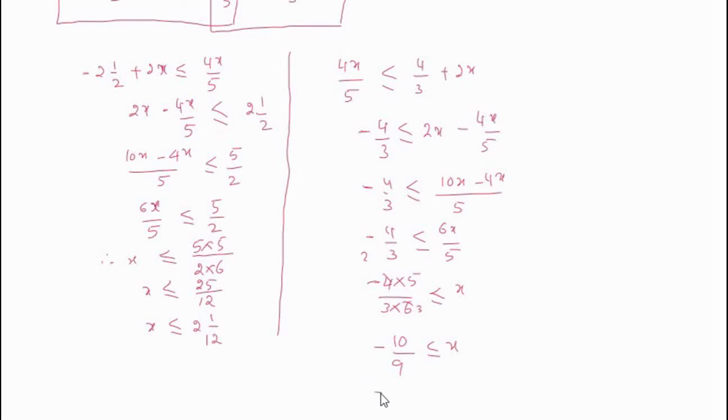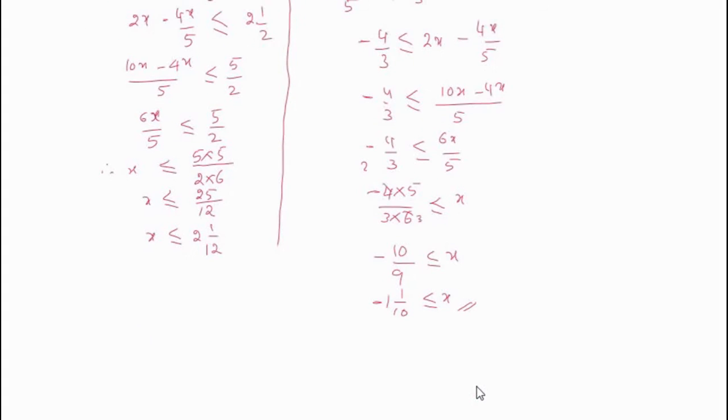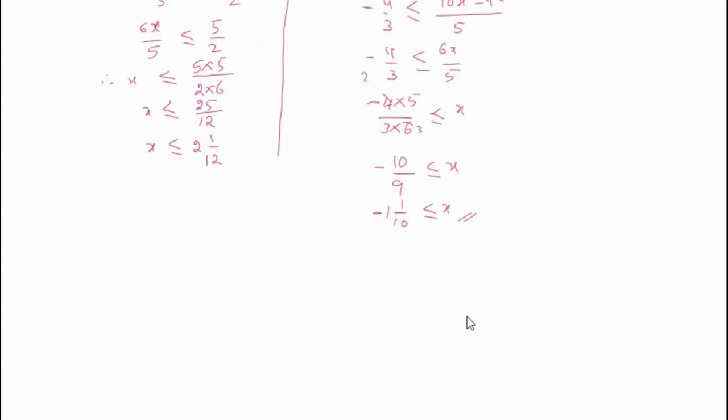So we can take it as minus 1 1 by 9 less than or equal to x. This is the solution for the inequation on the right side, that is 4x by 5 less than or equal to 4 by 3 plus 2x. Now to get the solution for the entire linear inequation, we need to combine the two answers.